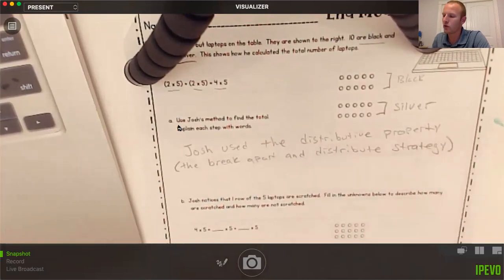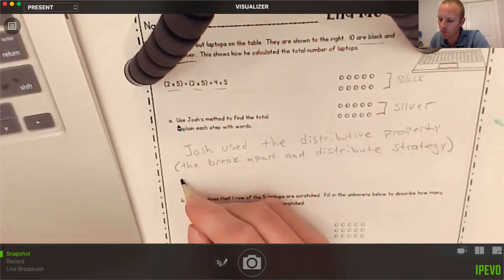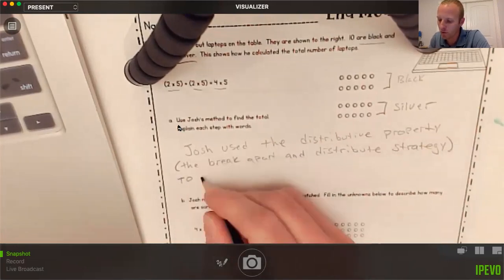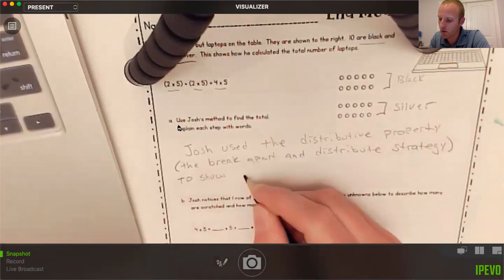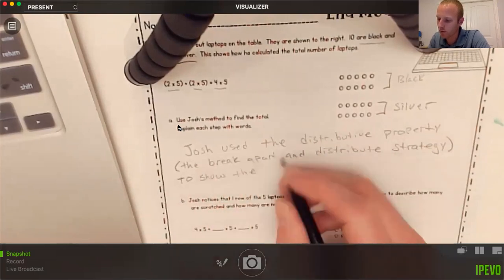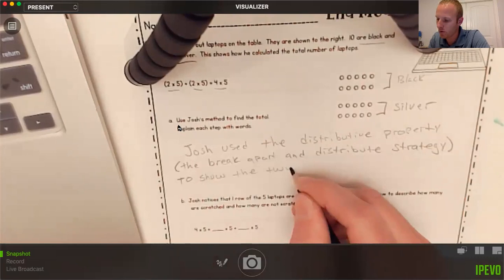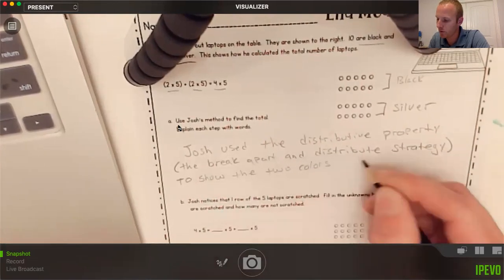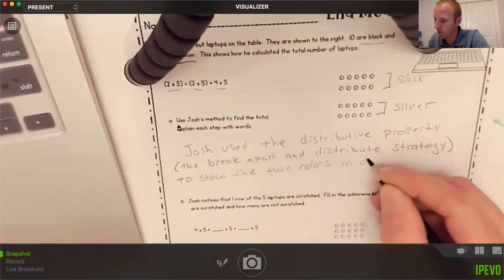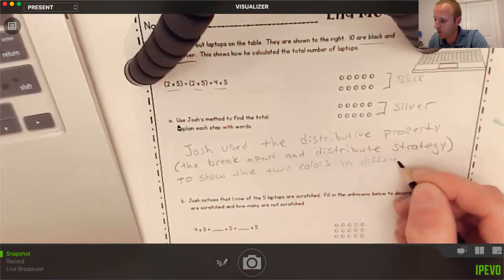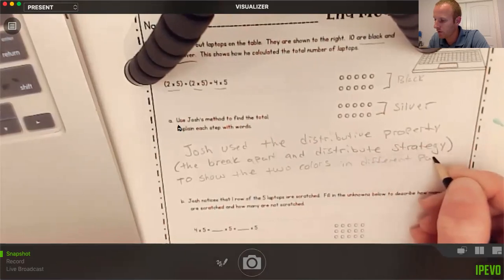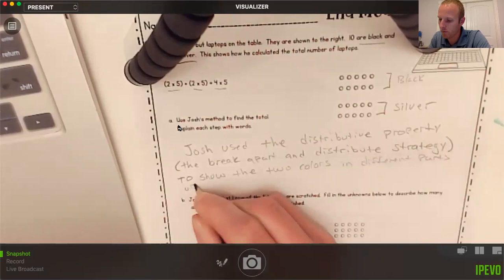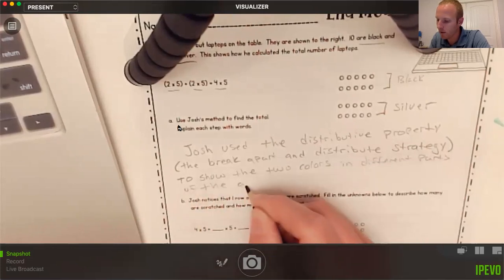So Josh used the distributive property or the break apart and distribute strategy to show the two colors in different parts of the array.